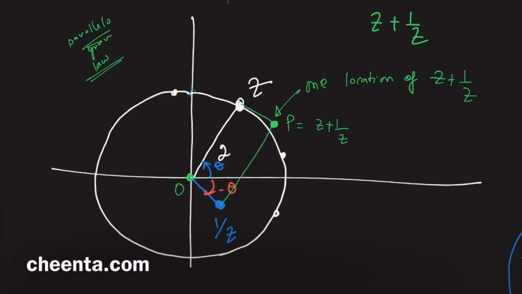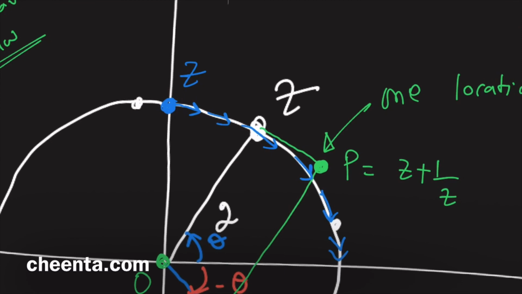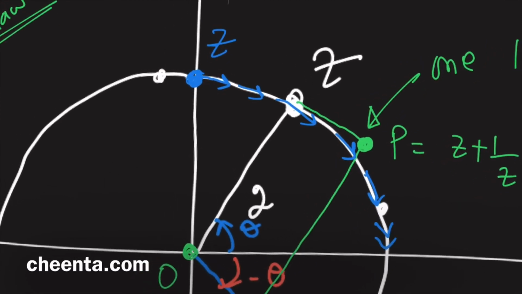Well, you start with this z and we will gradually push z toward this direction. Maybe I can zoom in a little bit more, because we want to just focus on the first quadrant.